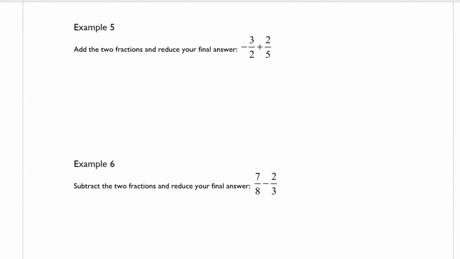Example 5 wants us to add the two fractions together and reduce our final answer. So we have -3/2 plus 2/5. We need to find a common denominator whenever we are adding or subtracting. So I'm going to multiply the left-hand fraction by 5 over 5, and then the right fraction, I'm going to multiply by 2 over 2. And if we do that, we get -15 over 10 plus 4 over 10.